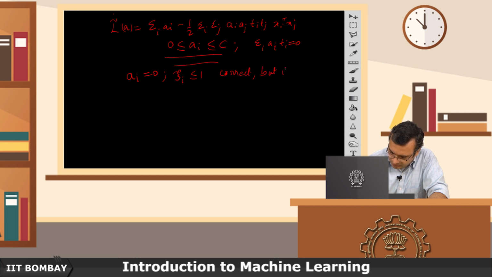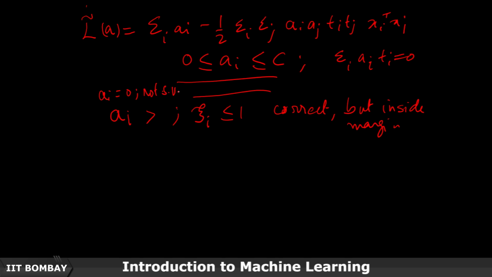Whenever ai is equal to 0, that means they are on the correct side of the margin. So these are not support vectors, not SV.